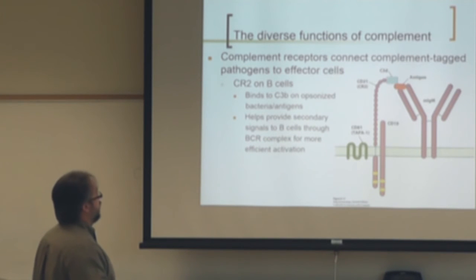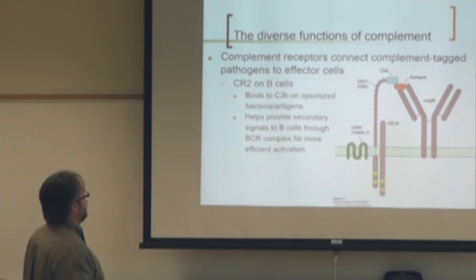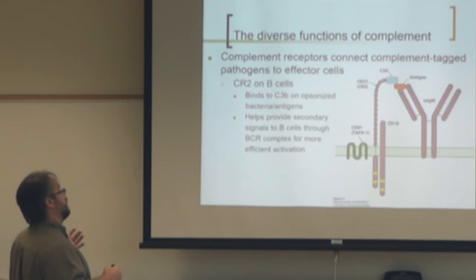It will actually combine to antigen, and then that is a target for CD21, which will be on the B cell. So let's say this is your B cell, and your B cell has your antibody here, your antigen, and C3d binds to that antigen, and then it will increase the, is it affinity or avidity?